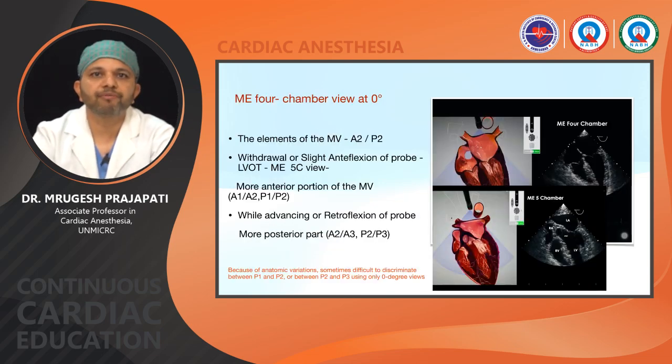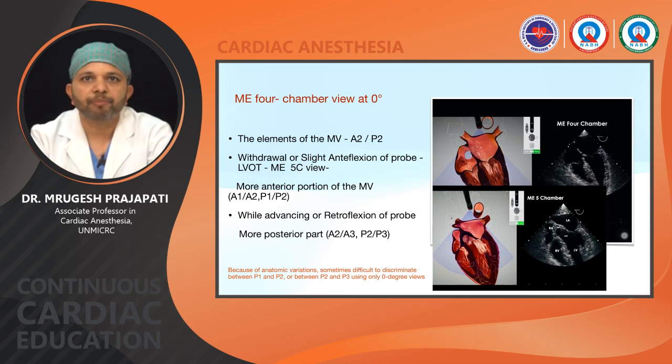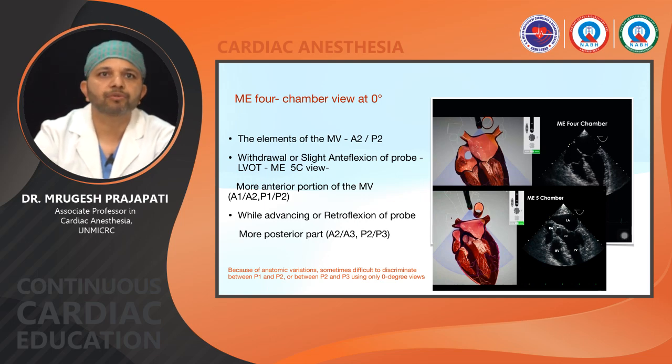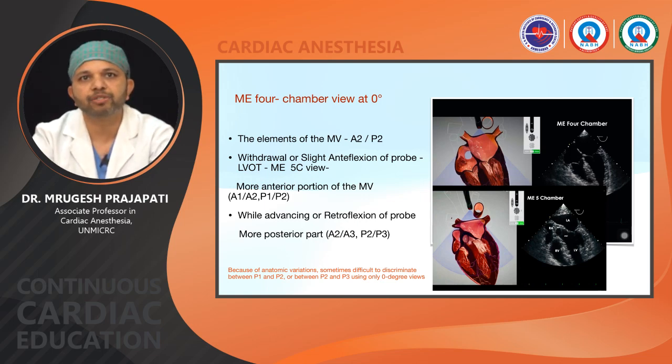Mid-esophageal 4-chamber view is obtained at 0 degree, and the main elements of mitral valve that can be viewed in this view are A2 and P2 parts of the mitral valve. Withdrawal or slight anteflexion of probe brings the LVOT into the picture, which is mid-esophageal 5-chamber view. It shows the more anterior portion of the mitral valve like A1, A2 and P1, P2.